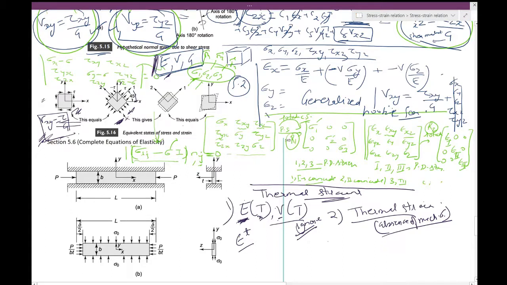So if you have a piece of solid and it goes from temperature T naught to a temperature T, and no other mechanical load acts, in this case you will only have an axial strain, say Ex of T, Ey of T, Ez of T, and you already know this perhaps from our earlier knowledge, and that would be equal to alpha times (T minus T naught).